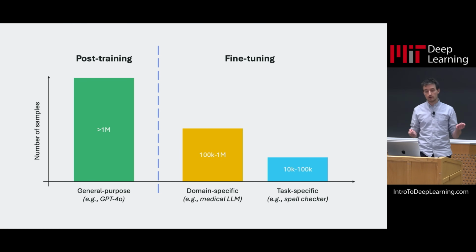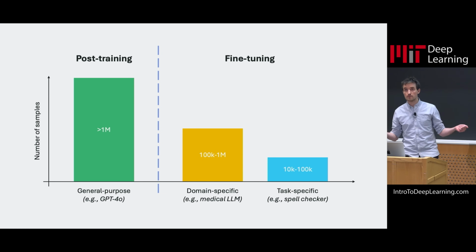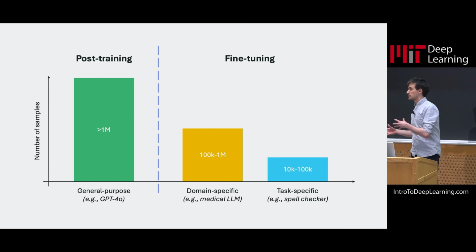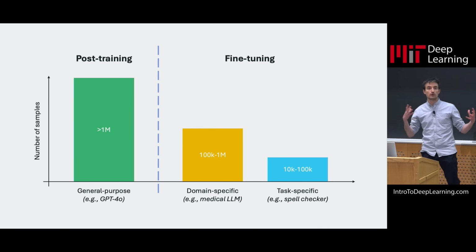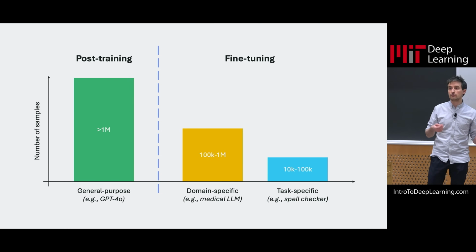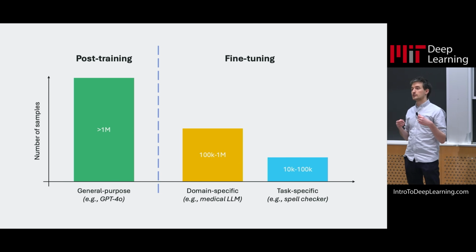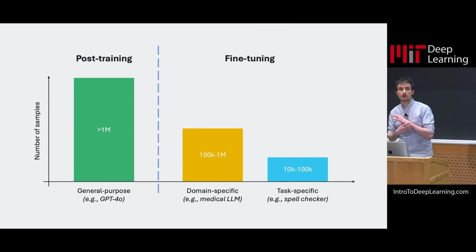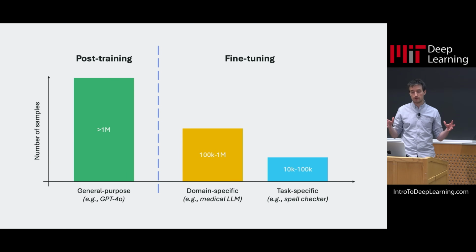The first type in green is general purpose. With general purpose fine-tuning, the goal is to create a general assistant, a chatbot that is able to answer any type of questions. So this is typically what you have if you use GPT. ChatGPT is a very general purpose assistant, and it's capable of doing pretty much everything.